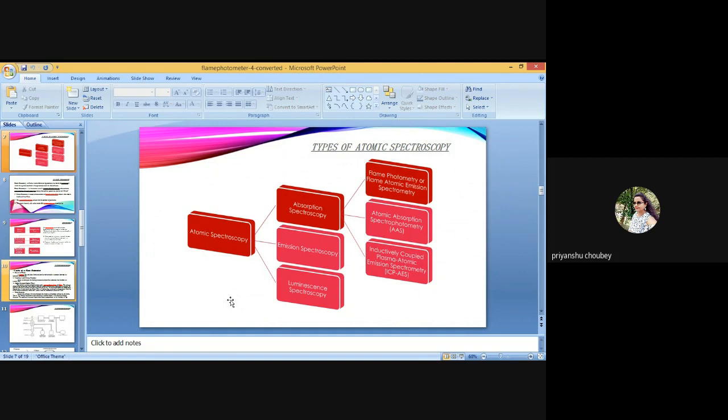Preparation of standard solution. A stock standard solution containing 1,000 milligrams per liter of an element may be prepared as described for AAS.